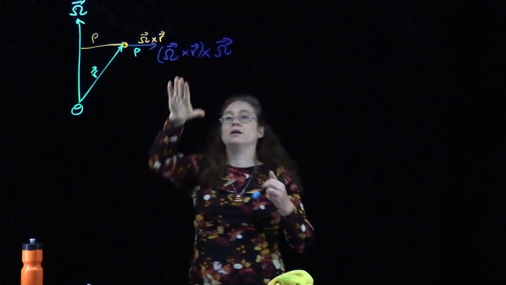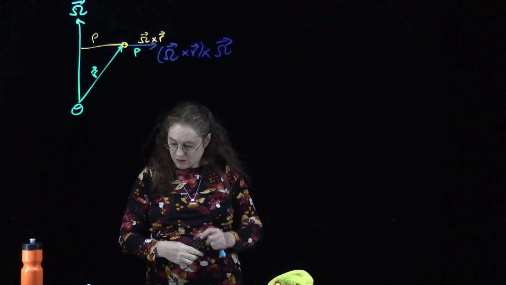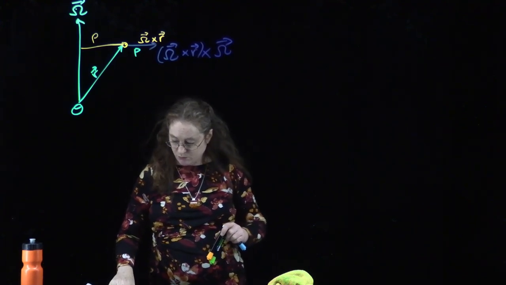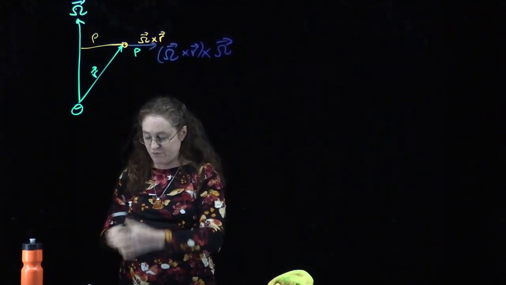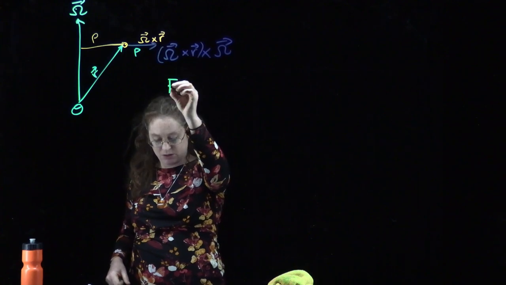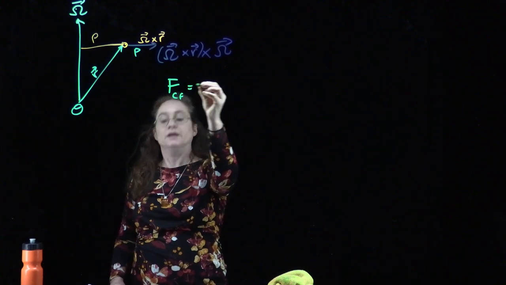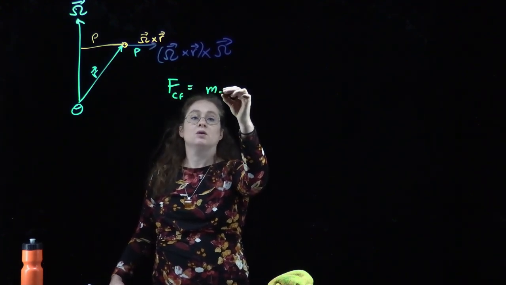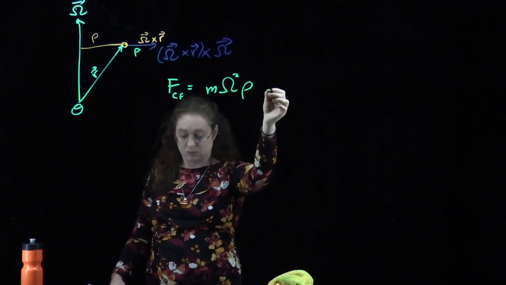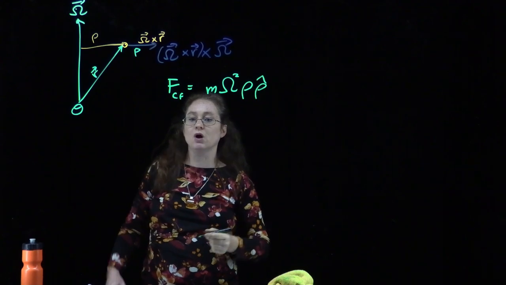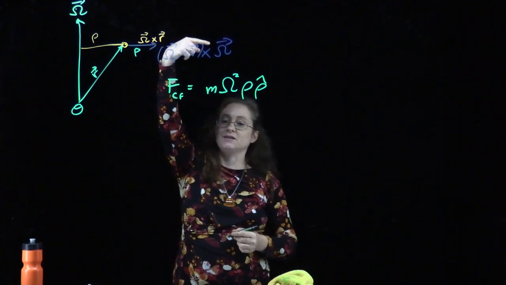And so then we can write the magnitude of the centrifugal force as mΩ²ρ hat. So rho is always perpendicular to the axis of rotation.